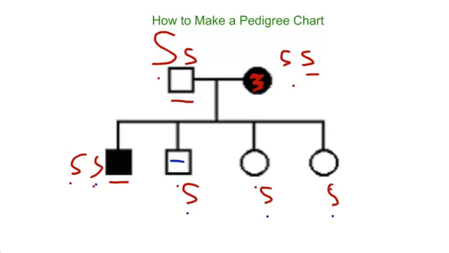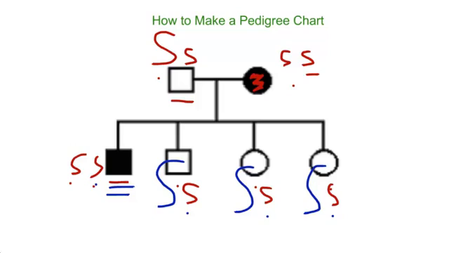And dad gave most of his kids a big S, because those 3 are not affected, but he gave his one son over here a little s, which is why that person is also allergic to strawberries. Remember, if that was confusing, rewind just this part again until it makes sense.